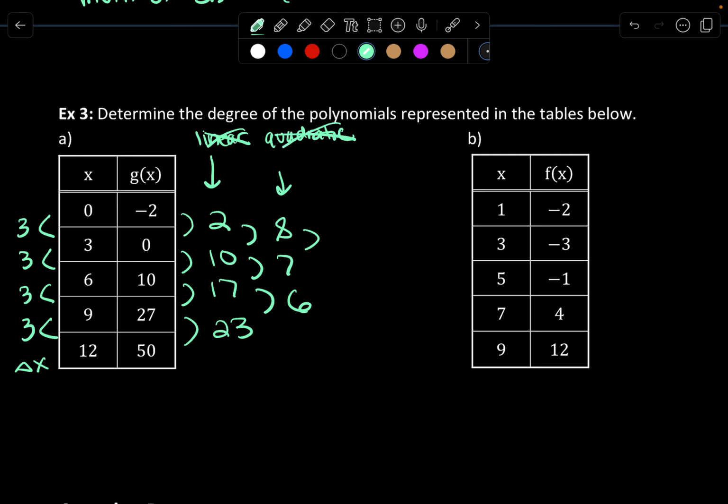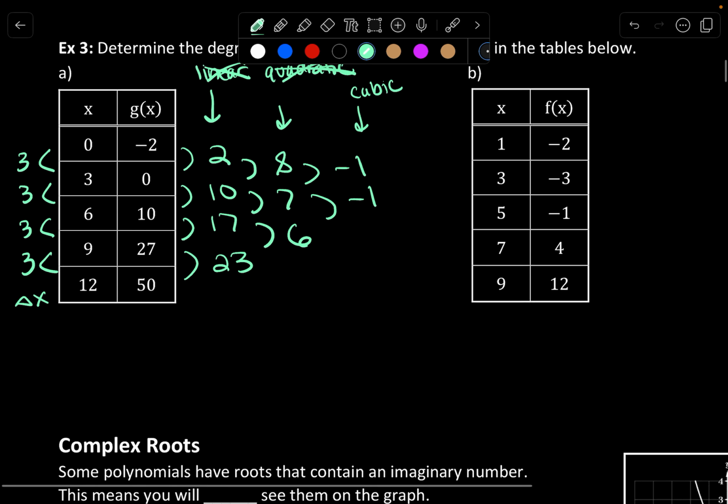So we'll try one more. We subtracted 1, we subtracted 1. This is our third common difference, and it's the same. So this is going to be a cubic polynomial.